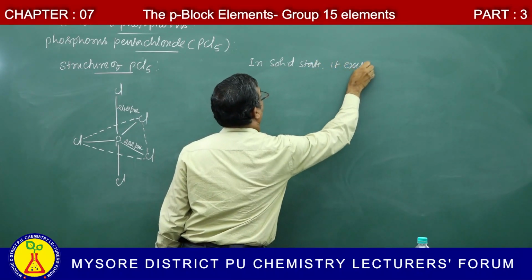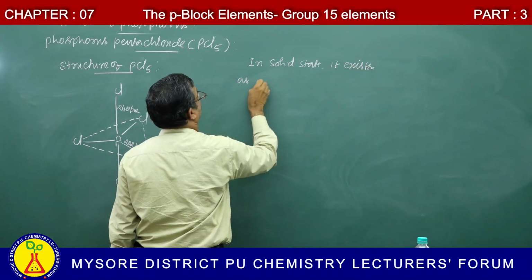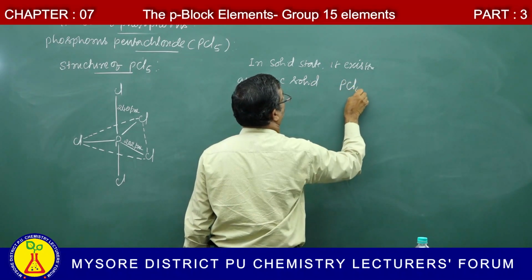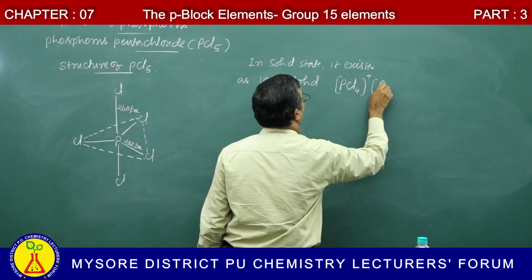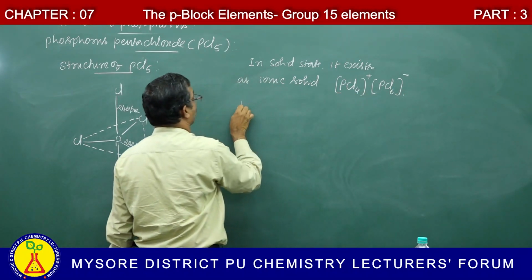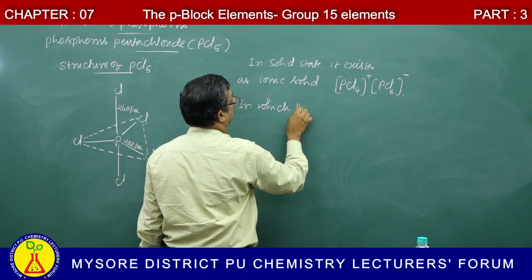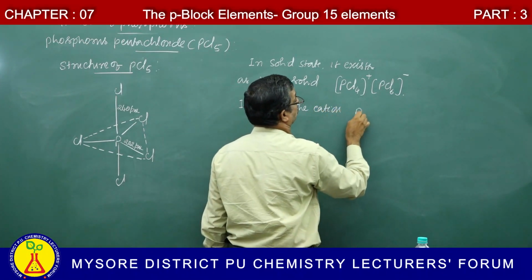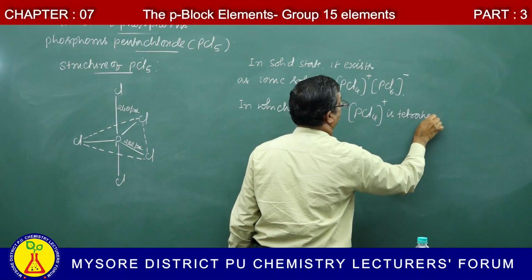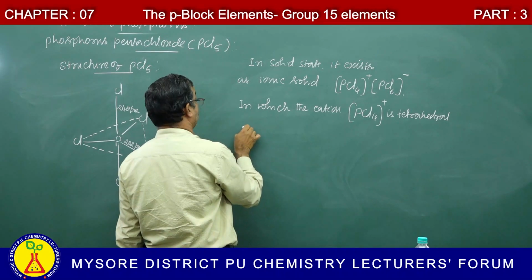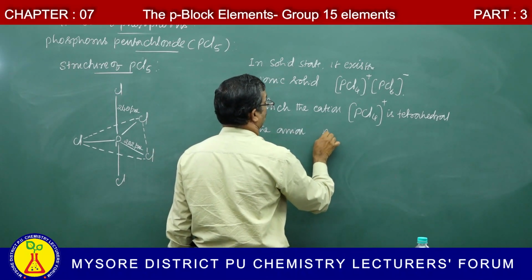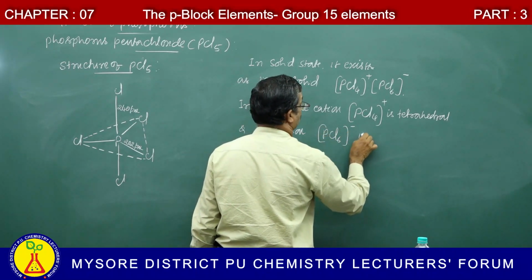In solid state, it exists as an ionic solid, as PCl4 plus PCl6 minus, in which the cation PCl4 plus is tetrahedral, and the anion PCl6 minus is octahedral.